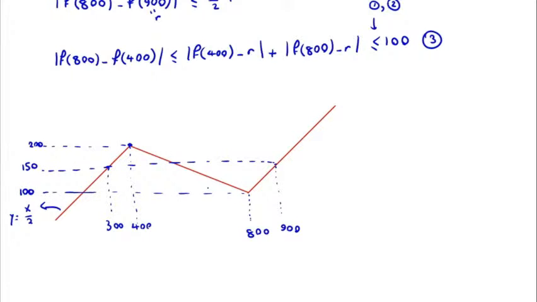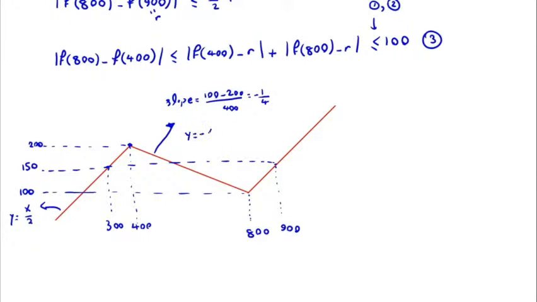Okay. If I want to find this line, the slope will be 100 minus 200, all over 800 minus 400, which will be negative 1 over 4.